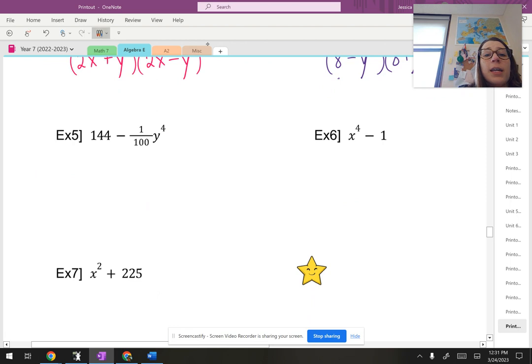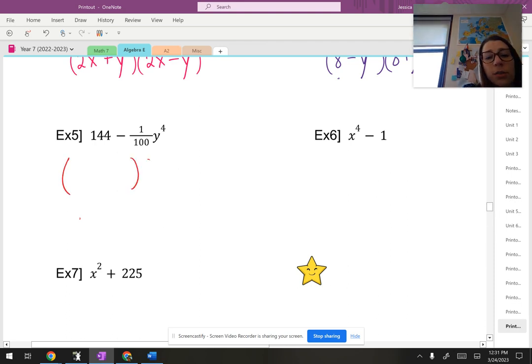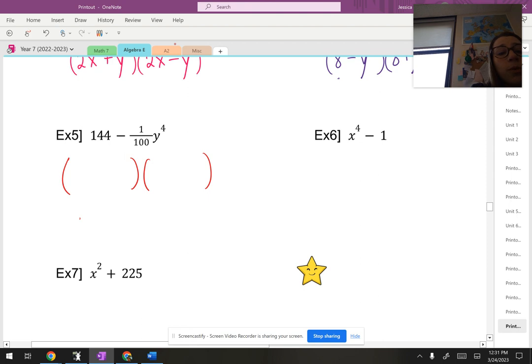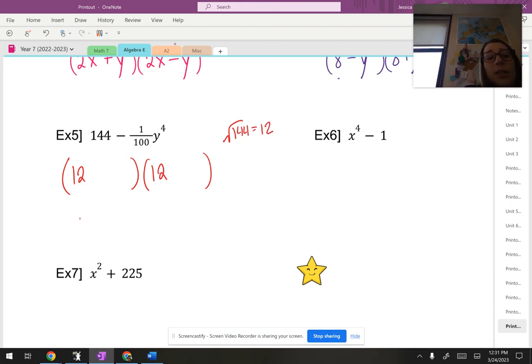Example 5. Getting a little bit more complicated here with a fraction, but no big deal. Still starting off with your two binomials. The only way to get to 144 is to multiply 12 by 12, because again, the square root of 144 is 12. And to get to y to the 4th, we did that. That's got to be y squared and y squared.